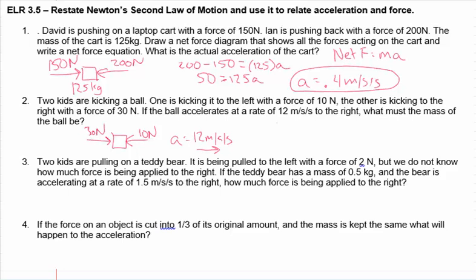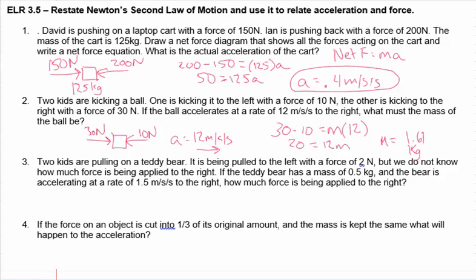I like to start with the bigger one. So 30 newtons minus 10 is our net force, and it's equal to the mass, which we don't know, times the acceleration of 12. 30 minus 10 is, of course, 20. It equals 12m. When I do 20 divided by 12, I get the mass equal to 1.67 kilograms.